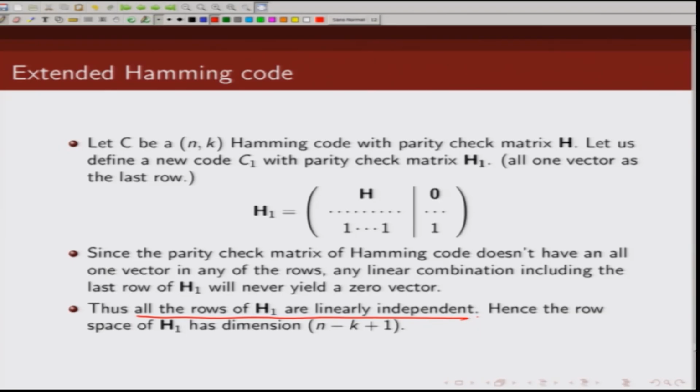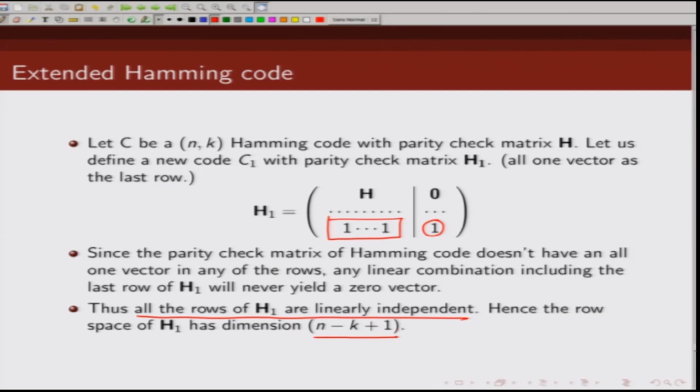That is because the original H matrix did not have all ones here, and this is 1 here, this is 0 here. So, if we take linear combinations of this with any of the rows of the original parity check matrix, they would not be linearly dependent. So, all rows are linearly independent, hence the rank of this matrix is n minus k plus 1.